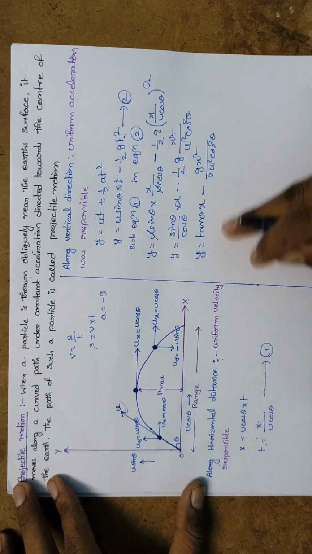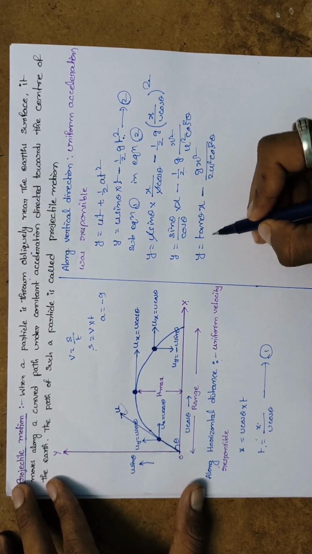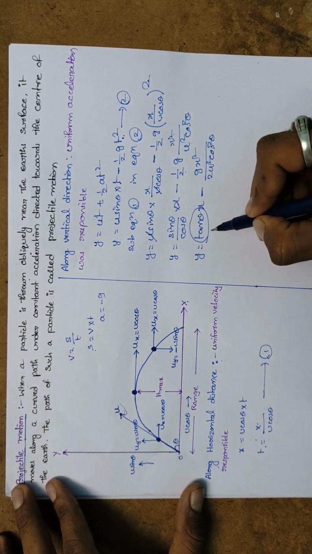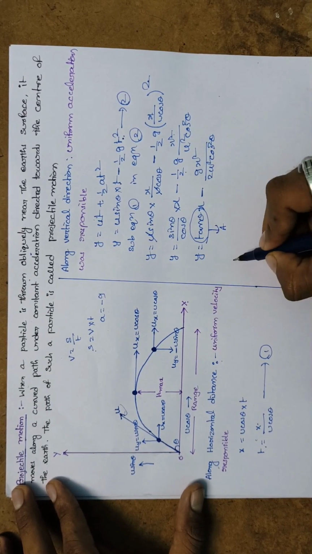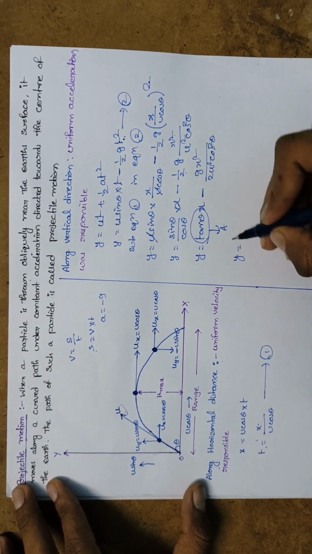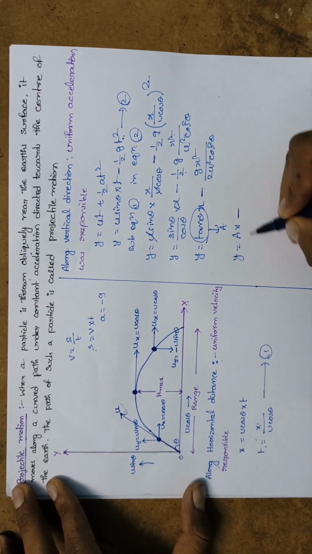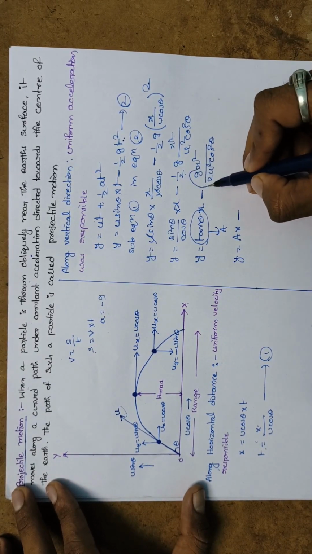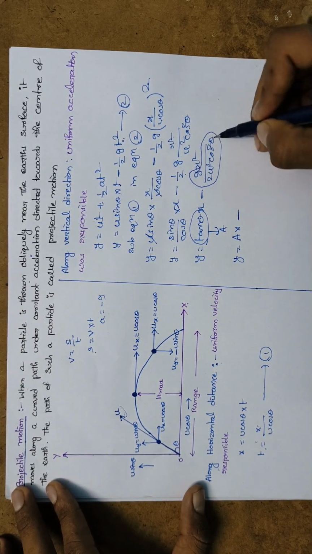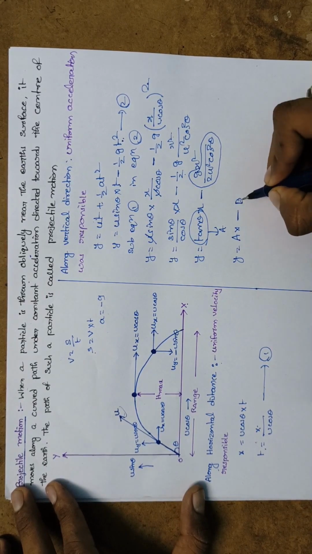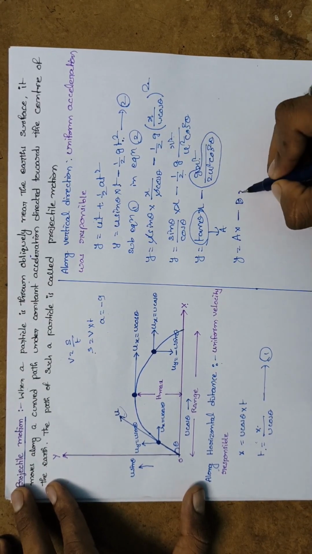Okay, so in this equation let us assume tan theta is a. Therefore y is equal to a into x minus this g by 2u square cos square theta, let us assume b, into x square.